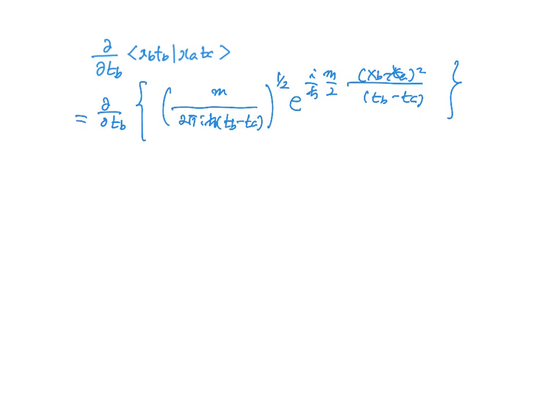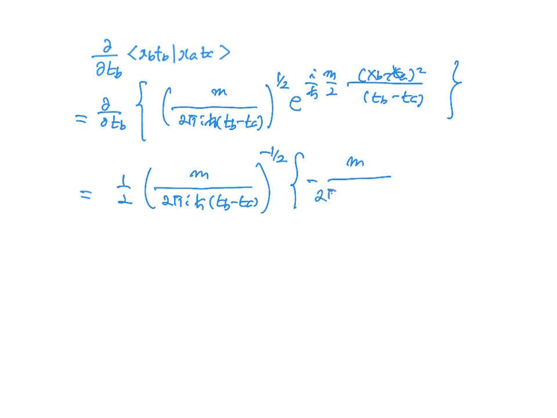So we first differentiate the first part. That means we have 1/2 of m over 2 pi i h bar (tb minus ta) to the minus 1/2, and we have minus m over 2 pi i h bar (tb minus ta) squared, times the exponential of i over h bar, m over 2, (xb minus xa) squared over tb minus ta.